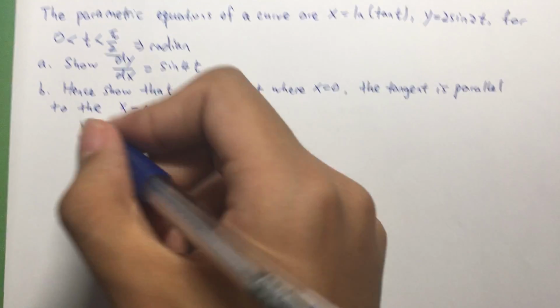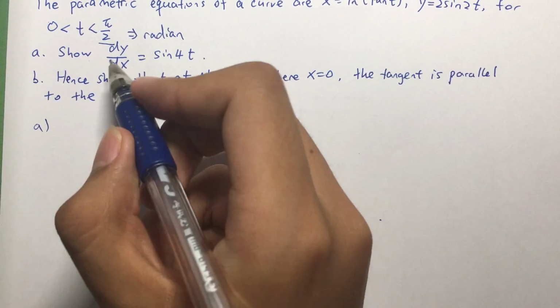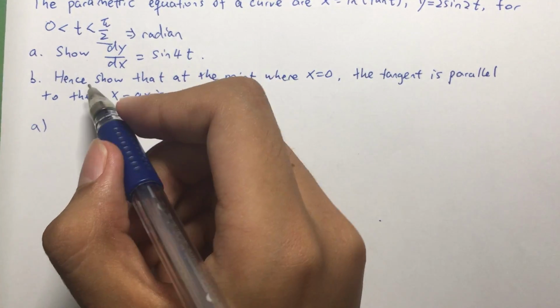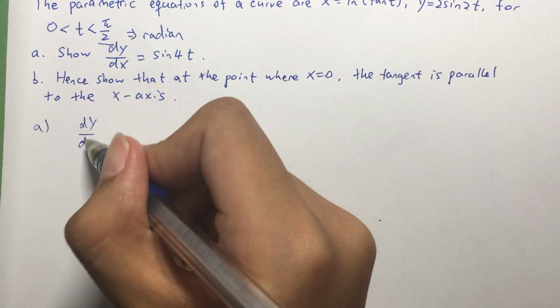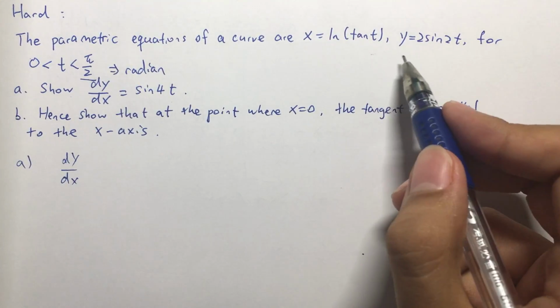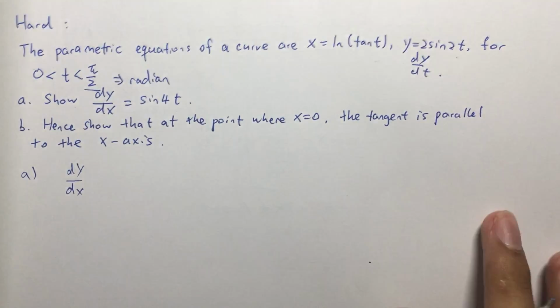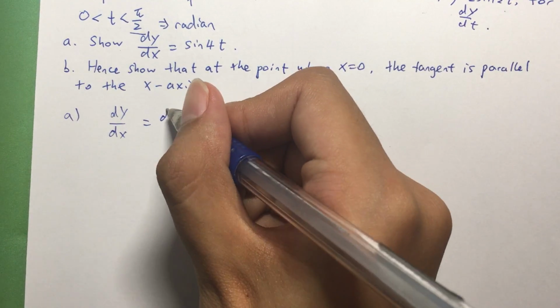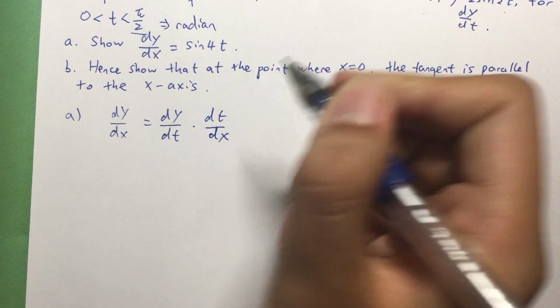So now let's do part A first, which is dy over dx. If we want to find dy over dx, what should we do? Here we have y and t, so we will have dy over dt for sure, which means we should write it as dy over dt times dt over dx.